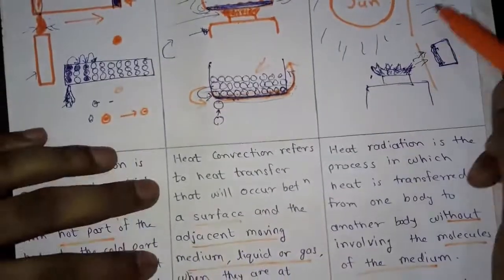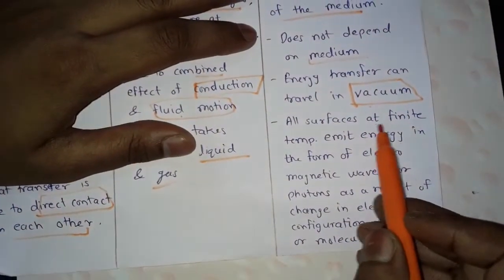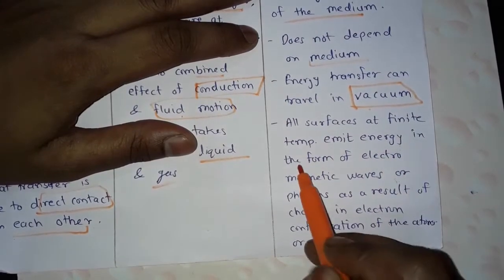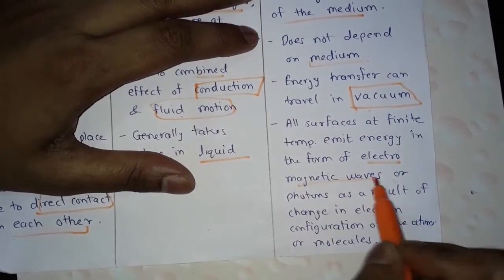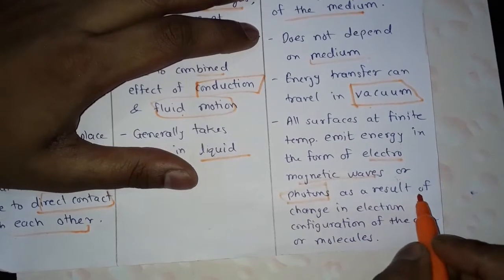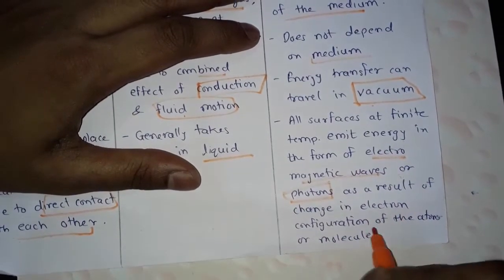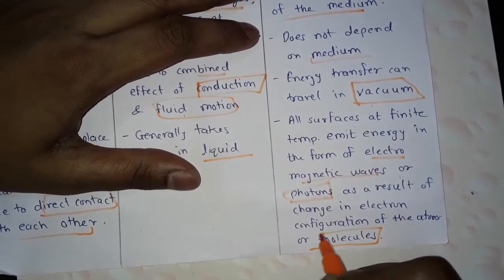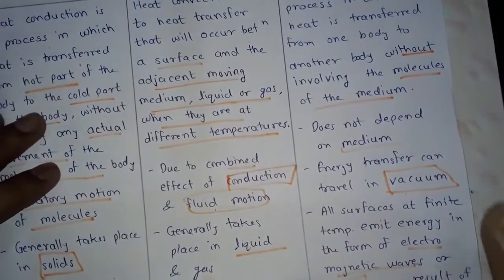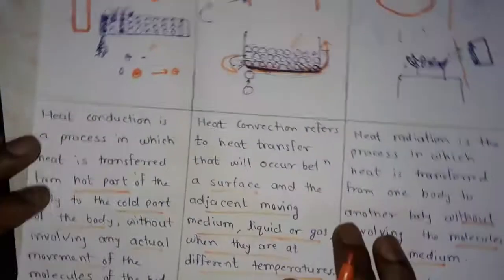This energy transfer can travel in vacuum also, as we have seen. Further, all surfaces at finite temperature emit energy in the form of electromagnetic waves or photons as a result of change in electron configuration of the atoms or molecules. This is called radiation heat transfer.